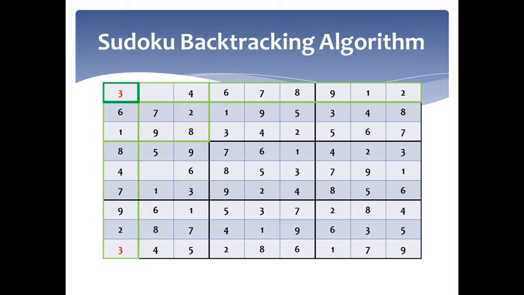Therefore, we try the next value 4. However, the trial value of 4 does not satisfy all the rules. Again, we try the next value 5. At long last, the trial value of 5 satisfies all the rules. Thus, we consider the value 5 on that specific cell as a candidate to the solutions of the puzzle.